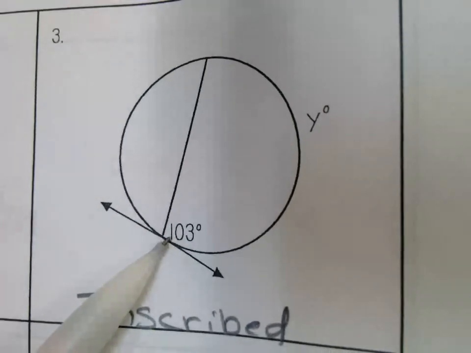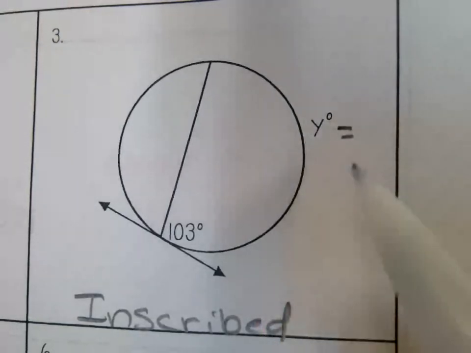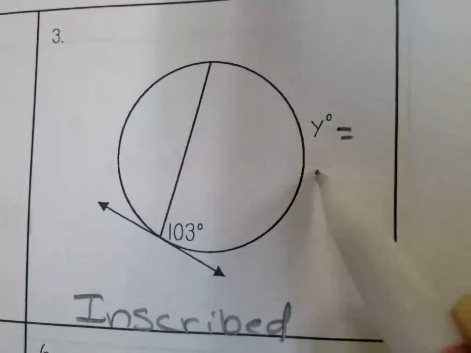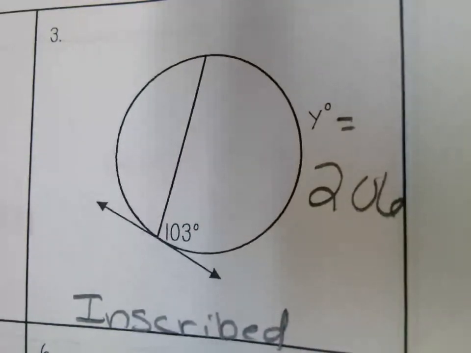Multiply. So I'm going to do 103 times 2, which means y is going to be 206. Okay, those are the easy ones. They're pretty straightforward.